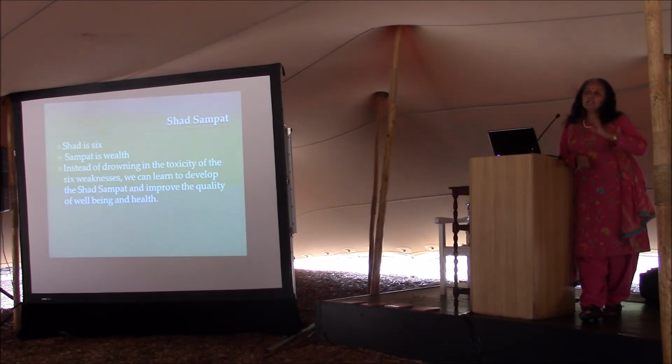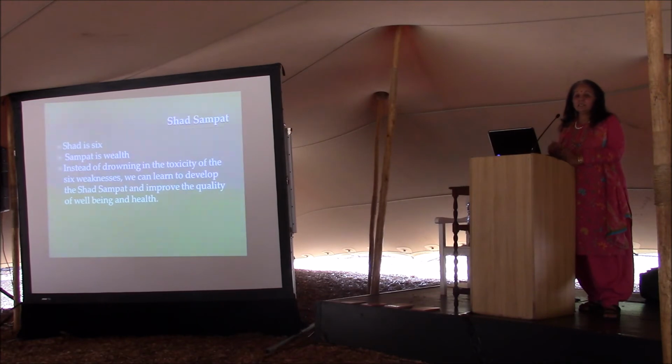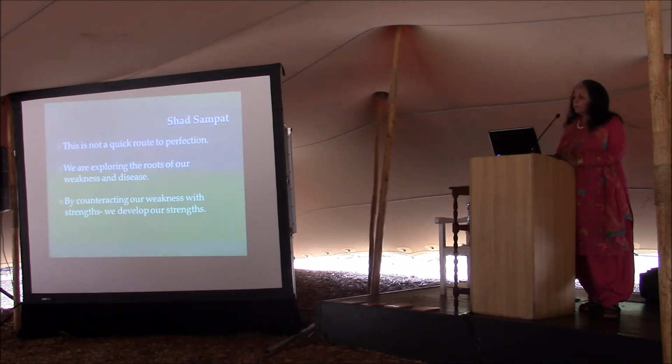There are eight sections of Raja Yoga, and then finally there is Jnana Yoga, a yoga of knowledge. When you meet the great sages, they are all Jnanis. They are on the path of Jnana Yoga. So this is not a quick route to perfection.